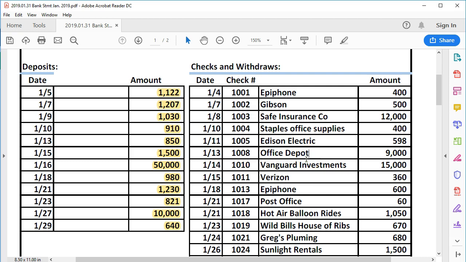And then we'll go to the Office Depot, and that sounds like office supplies maybe, but it's a fairly big dollar amount, so maybe there's something different. When we see that big dollar amount, we might have a question about that. Vanguard Investments, big dollar amount, we might have a question. So we might have some questions, obviously the Verizon, the phone company.